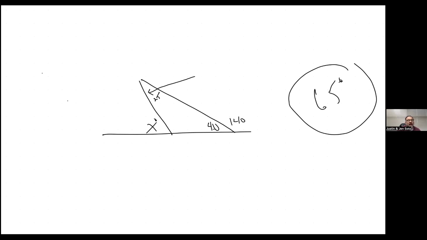The measurement of this angle here, the exterior angle outside of the triangle, is going to be equal to the sum of the two alternate interior angles of the triangle, meaning not the one that connects. So this x is going to be equal to 65 degrees. And I gave a much more thorough explanation of that earlier, as well as doing 13, 14, 15, and now 16 for you right now.